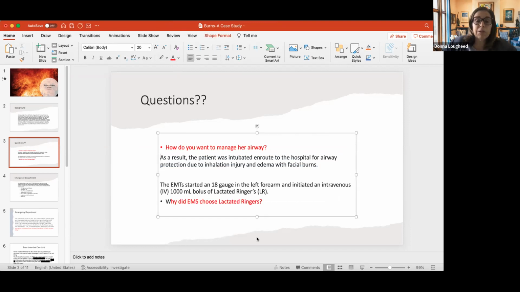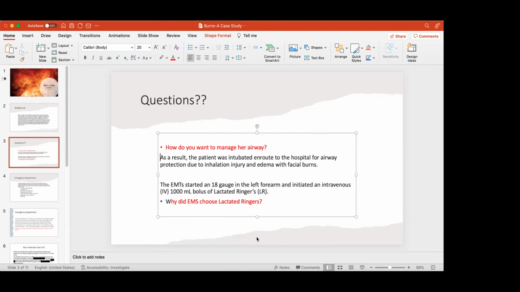The EMT started an 18 gauge in the left forearm and initiated an intravenous 1,000 milliliter bolus of lactated Ringer's. And so why did they choose the lactated Ringer's? It mimics extracellular fluid.